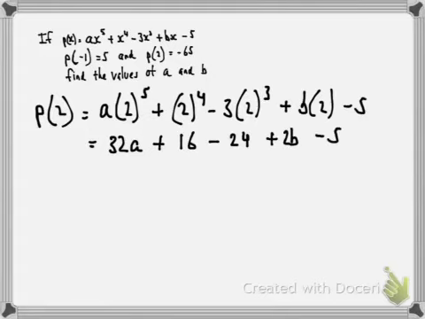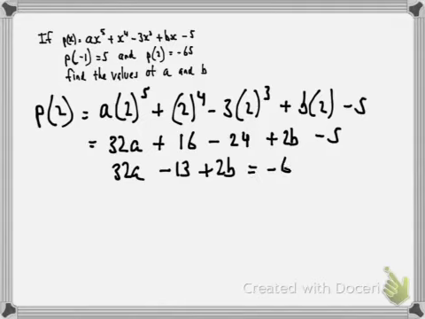take 5. Tidying that up, we get 32a plus 16 minus 24 is negative 8. Take another 5 is negative 13 plus 2b. Now we know that expression equals negative 65, according to our background information.